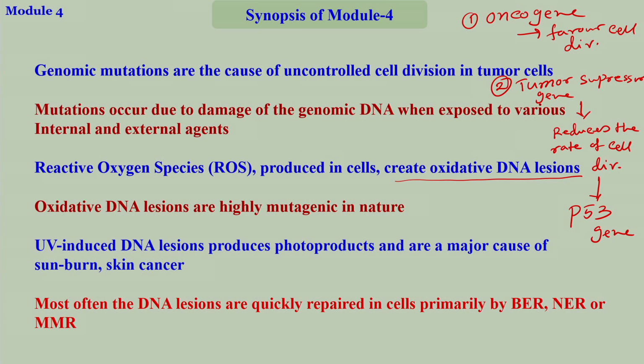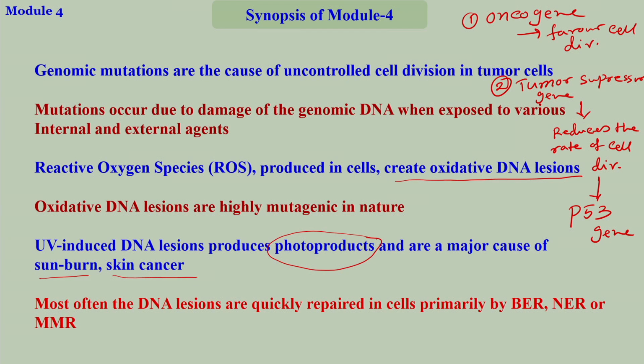UV induced DNA lesions produce photoproducts. We have seen the photochemical lesions that are generated due to UV radiation of the DNA, and they are a major cause of skin burn and skin cancer.